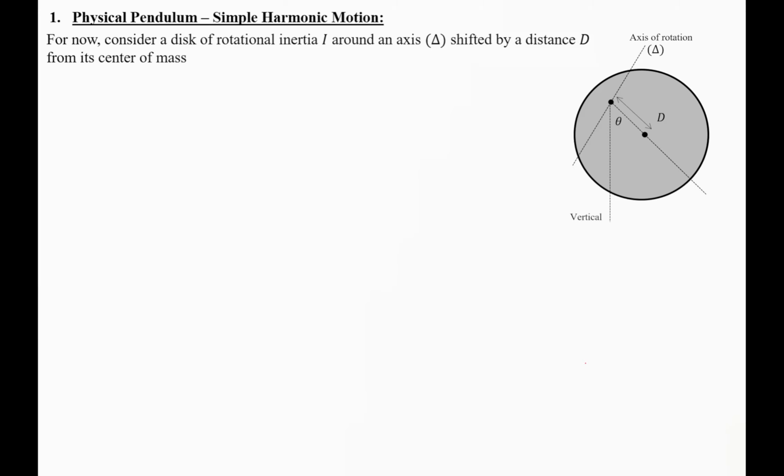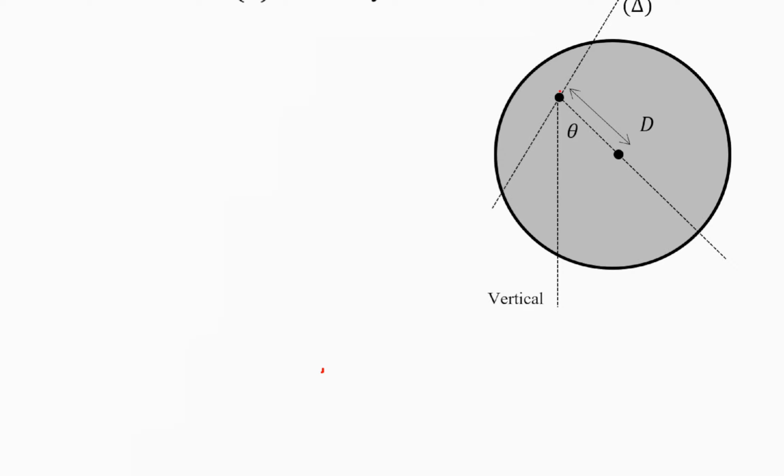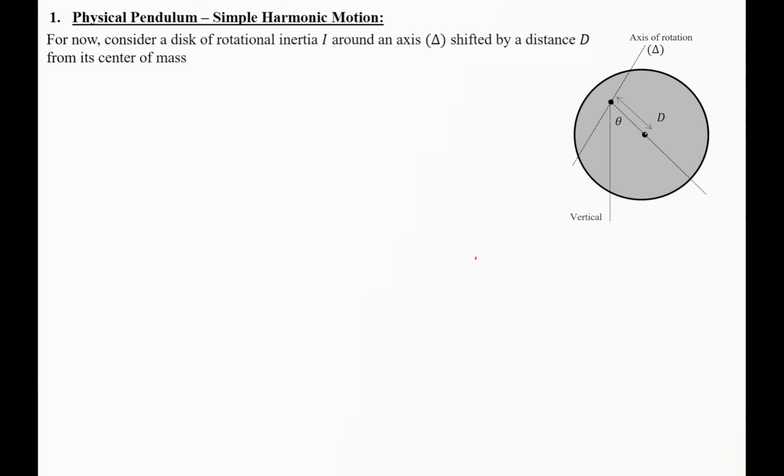For now, consider a disc of rotational inertia I around an axis delta shifted by distance d from its center of mass. Then I is the total rotational inertia of the disc around this pivot, or the axis of rotation, which is shifted from the center of mass.